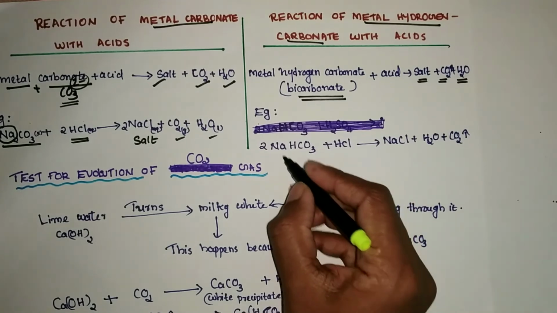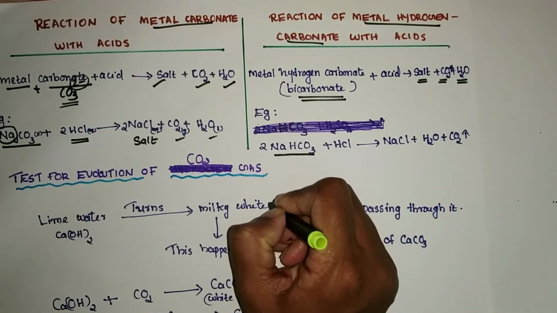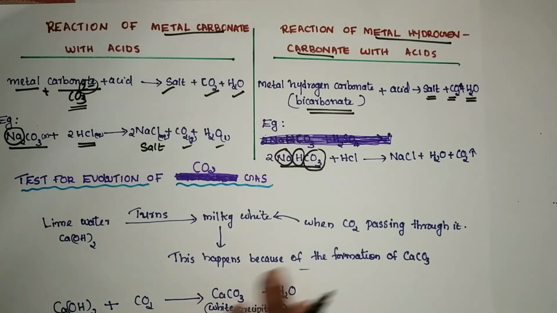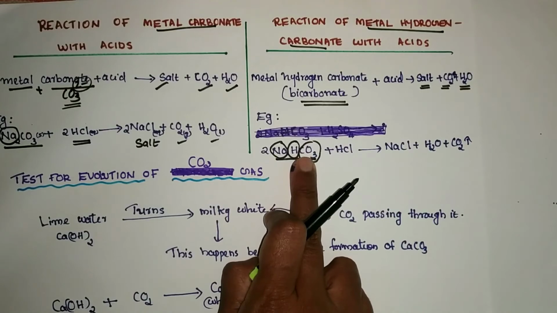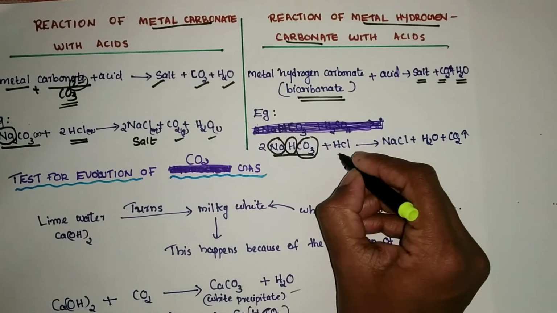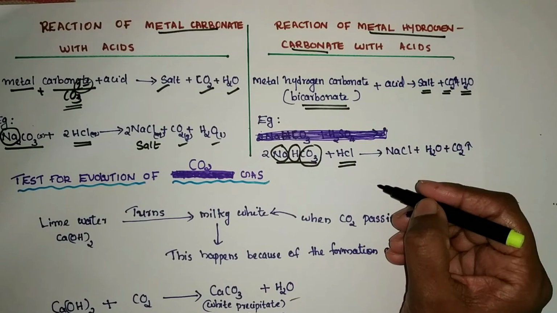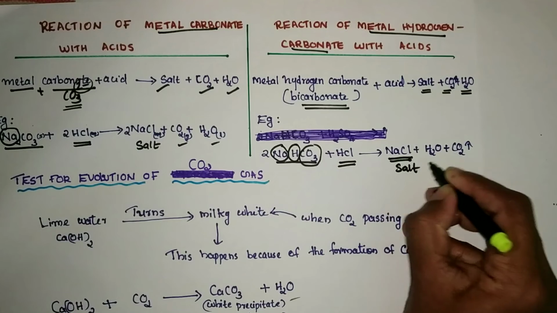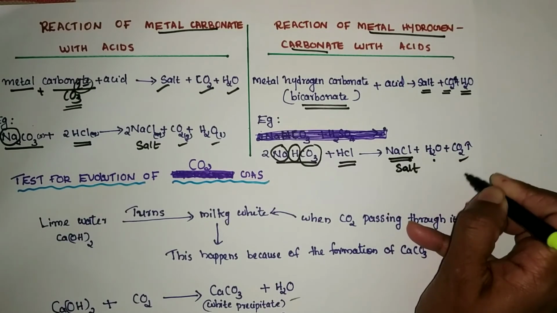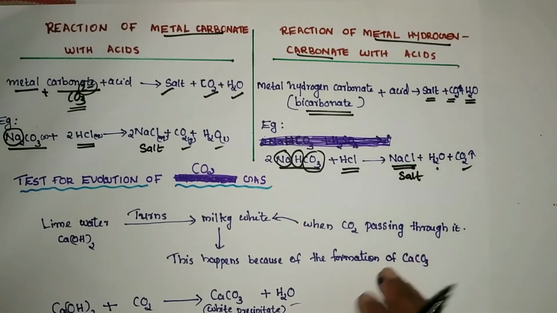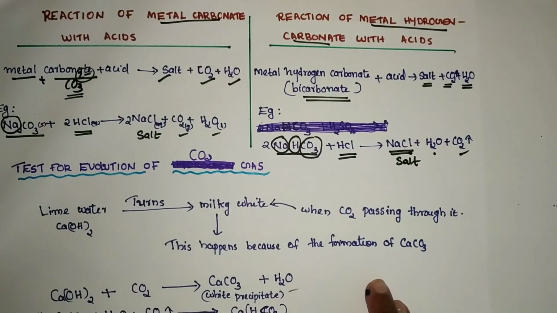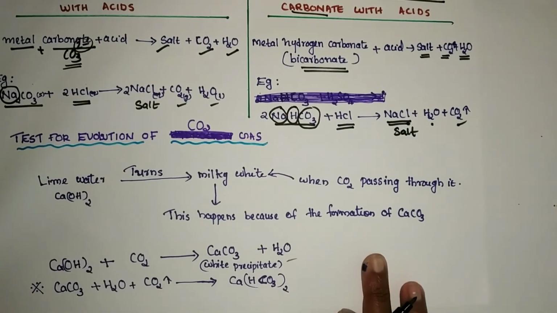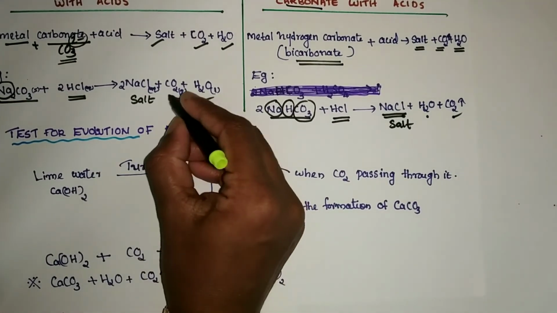For example, sodium bicarbonate, sodium hydrogen carbonate. When reacting with hydrochloric acid, it forms sodium chloride, salt, and releases water and carbon dioxide gas. So the gas evolved here is carbon dioxide.